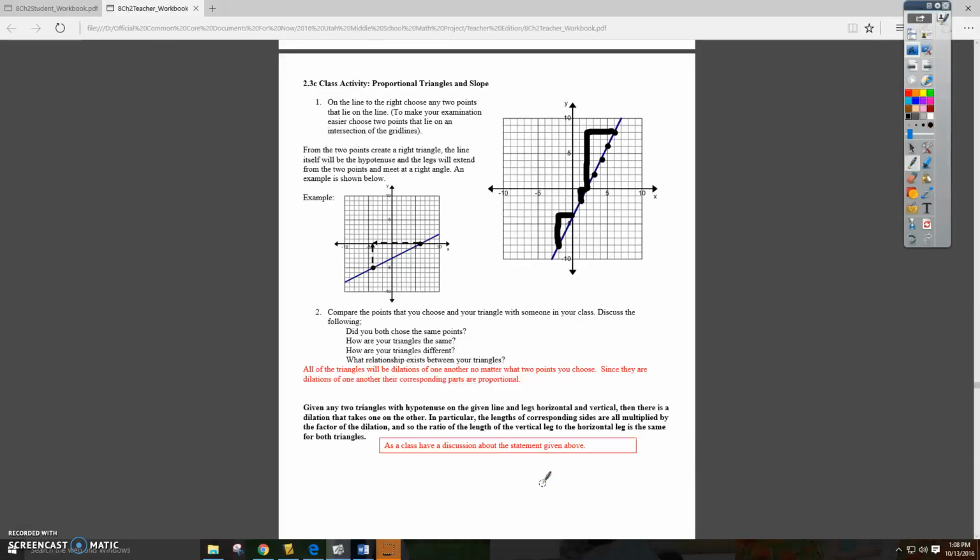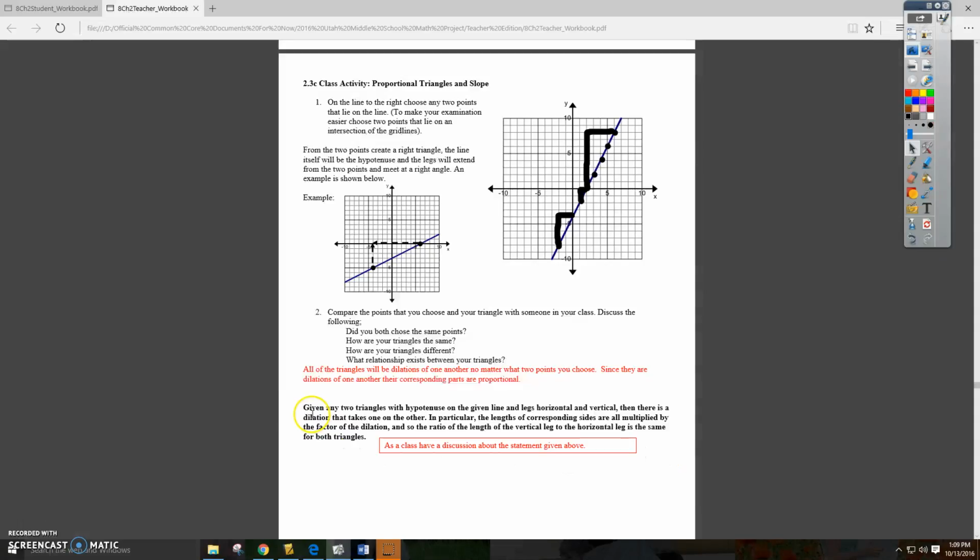And we know from the last class activity, 2.3b, that we didn't finish in class, that similar triangles are proportional, or they have proportional side lengths. And so that's the relationship that exists between these 2 triangles.